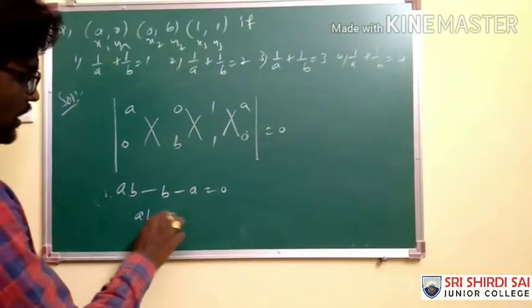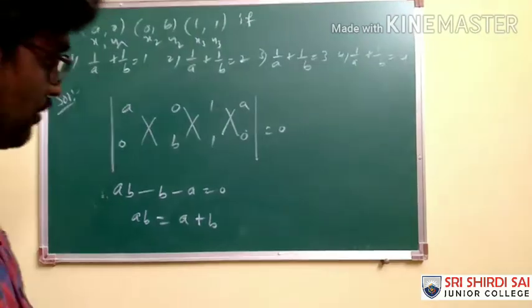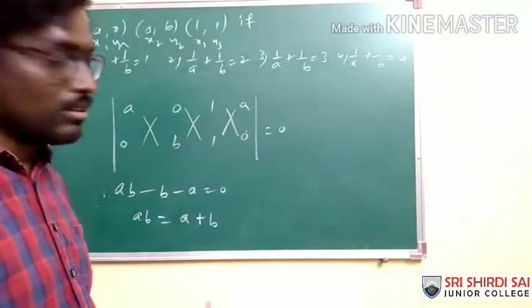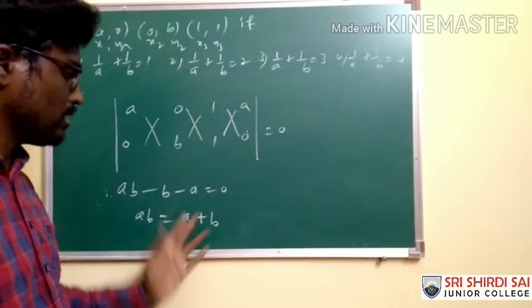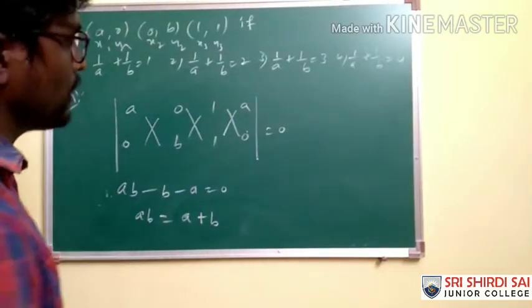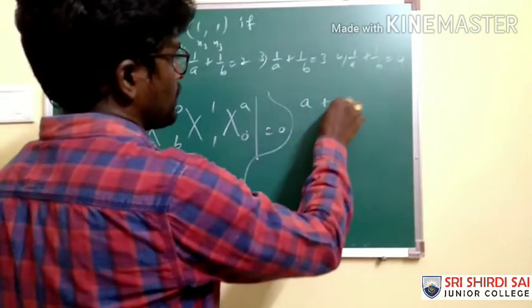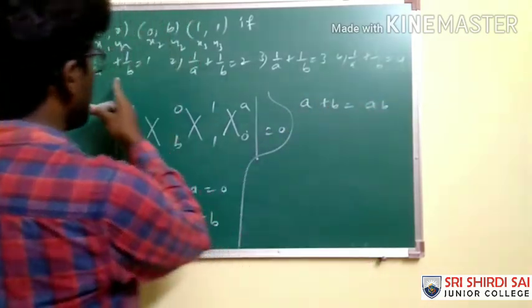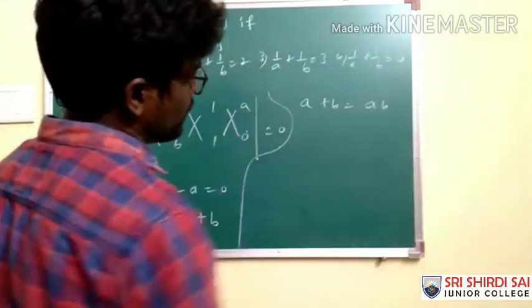Therefore ab is equal to a plus b, but none of our options is here. We have ab is equal to a plus b, but no option is found with the result we obtained. So here we are supposed to simplify further. We have got a plus b is equal to ab. On the right hand side the options have constants 1, 2, 3 and 4.